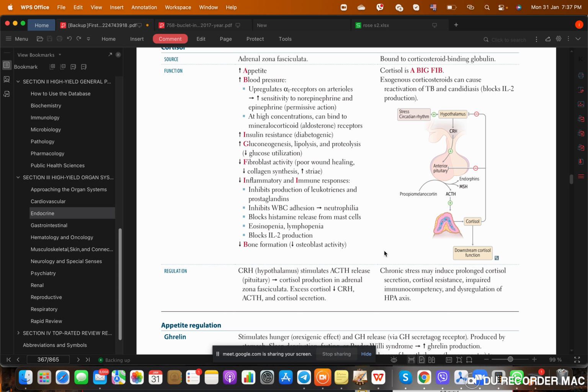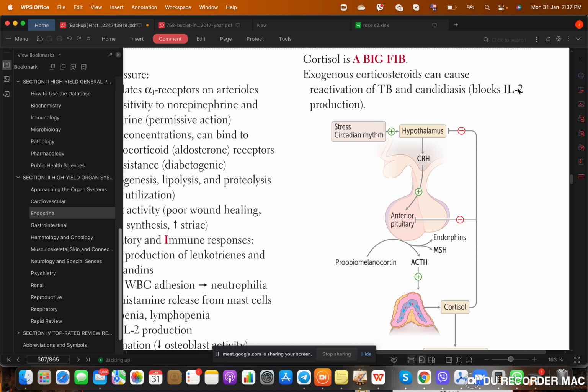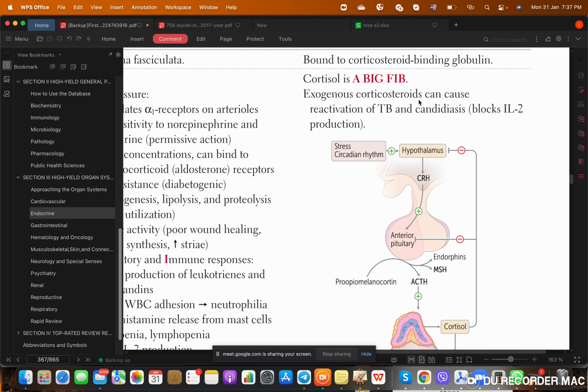They can have multiple infections. So exogenous corticosteroids can cause reactivation of TB and candidiasis by blocking interleukin 2 production.